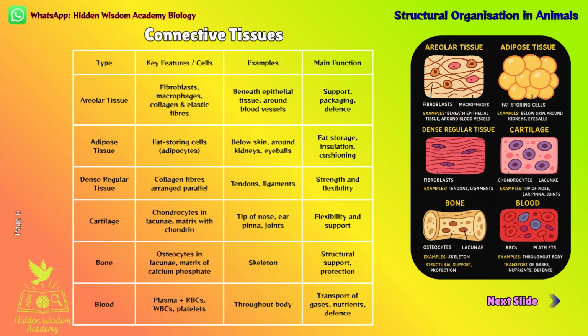Dense tissue forms tendons and ligaments for strength. Cartilage gives flexibility at joints. Bone provides support and protection. And blood, the fluid connective tissue, transports materials and keeps balance in the body. In exams, questions often ask about the matrix, the type of cell, or examples. Like which tissue connects muscles to bones, or which one is mineralized.